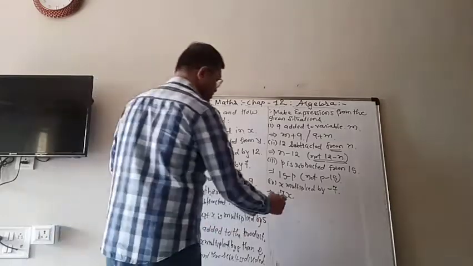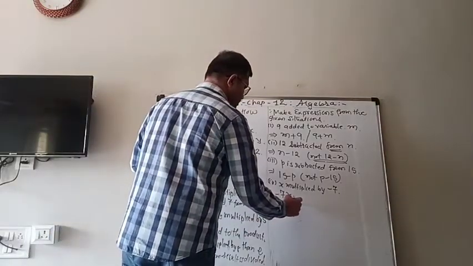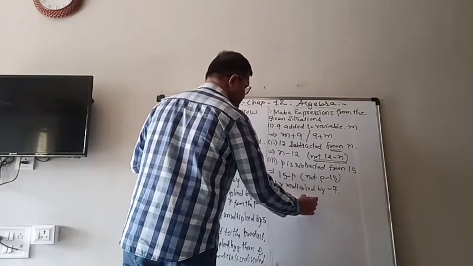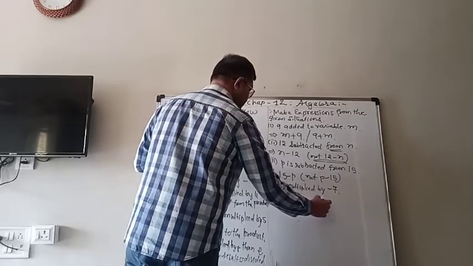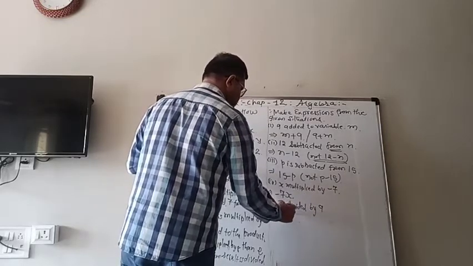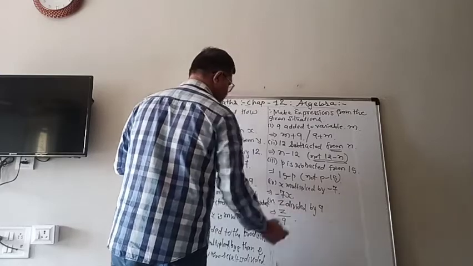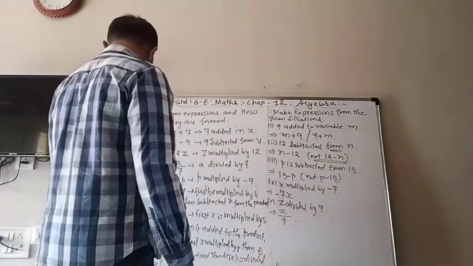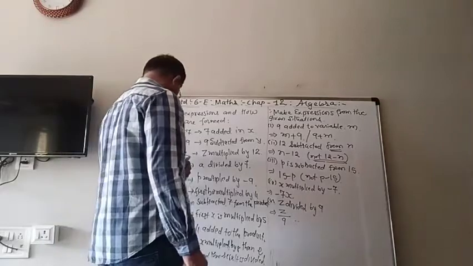Similarly, z divided by 9. So we will write down z divided by 9, so z upon 9.